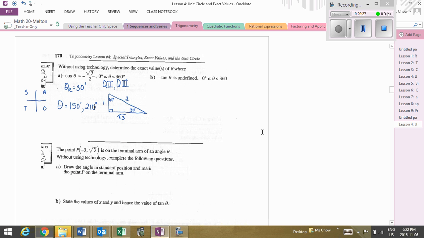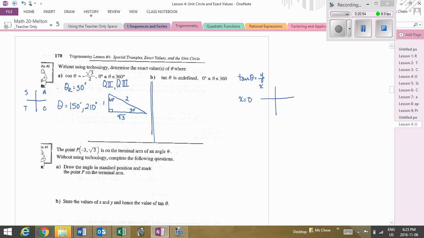If we look at part B, it says tan theta is undefined. So I know that's one of these special circumstances. In order for that to be undefined, we know that tan of theta is always equal to y over x. So undefined tells us x is equal to 0. When is x 0?